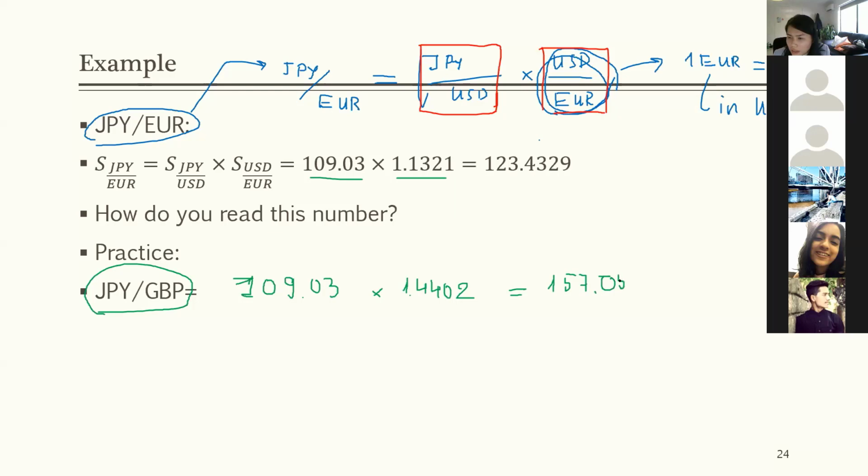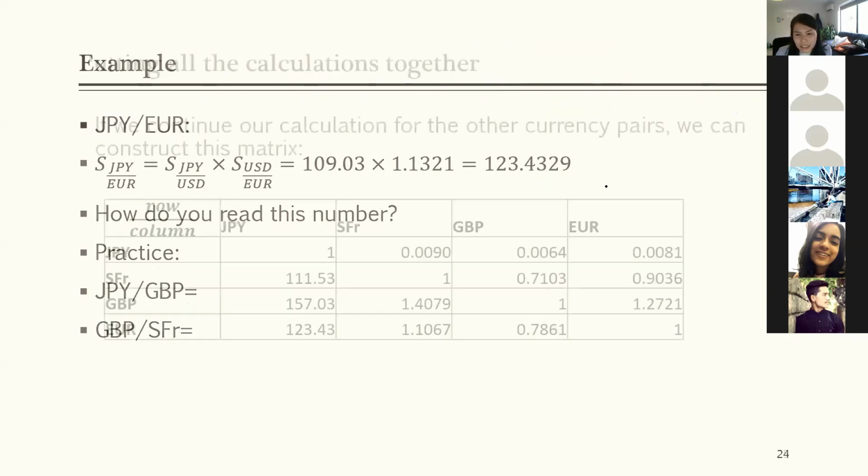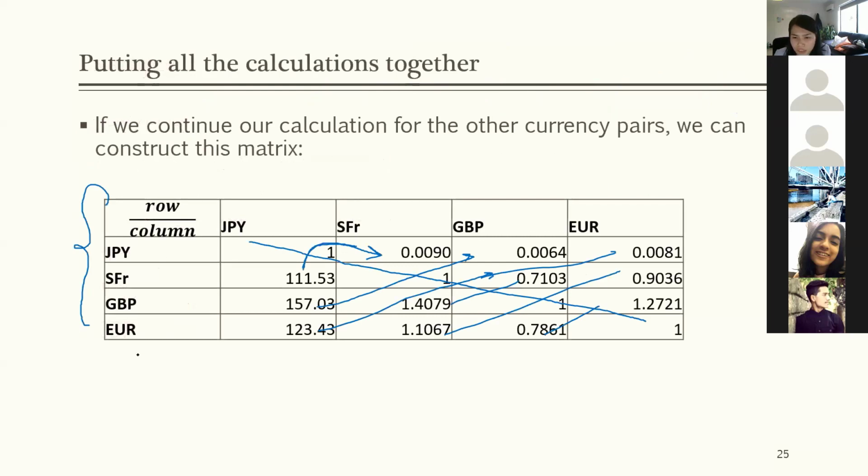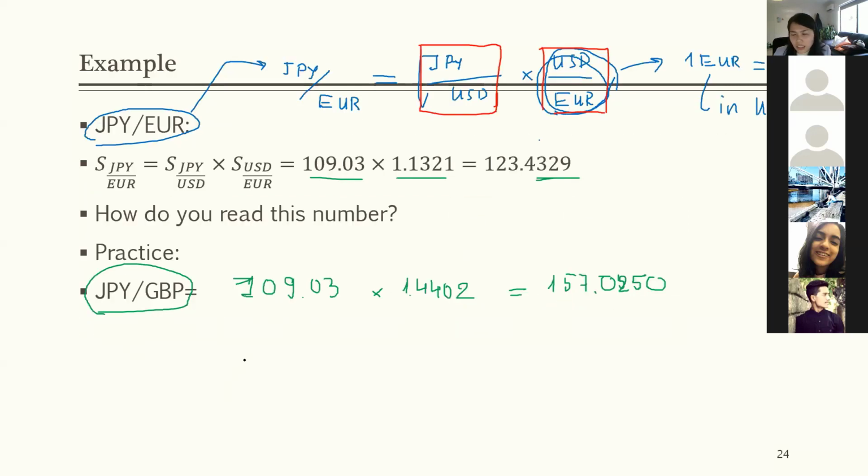So let's just keep 4 decimal points to be consistent with the convention. Is that right? Let me check my answer. I got the same. Yeah, that's the same for me here. Yeah, so it looks like it's correct, guys.